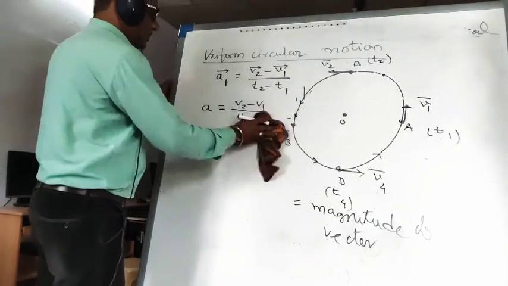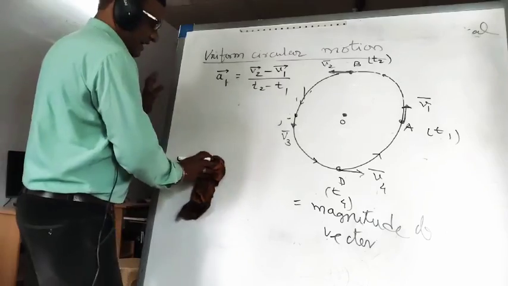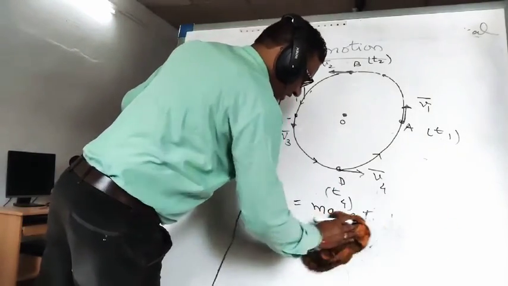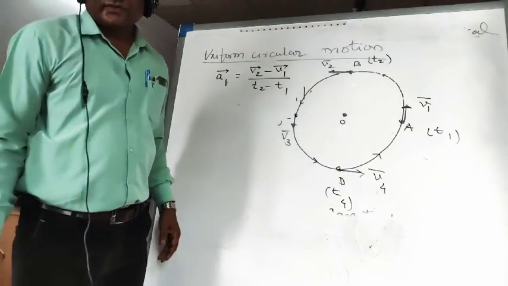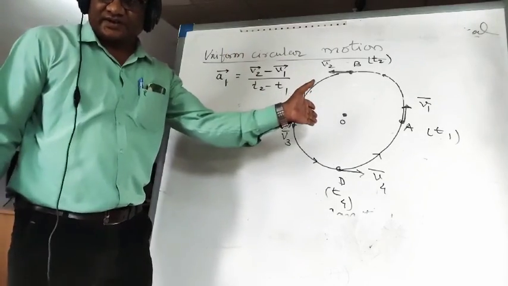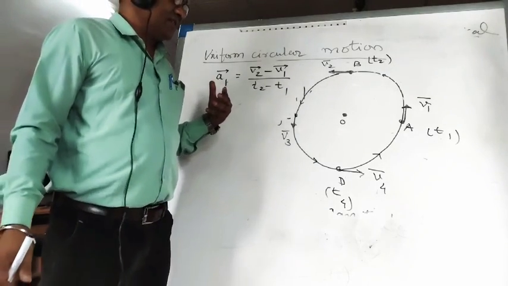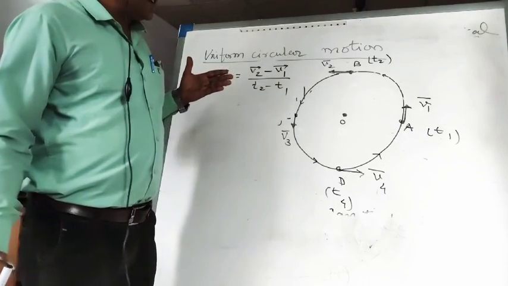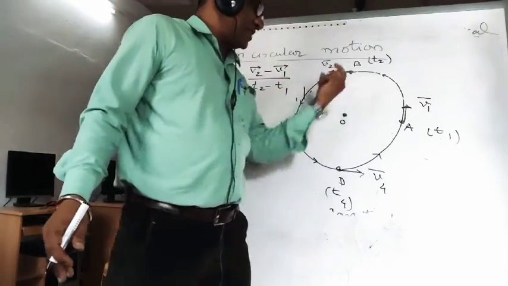So the question arises, what will be the direction of this acceleration? What is the direction of this acceleration? To know the direction of acceleration, there is a need to shift the vectors to a different location.